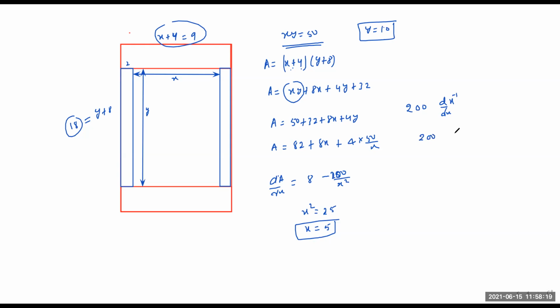Sir, it would be minus. Sir, but it would be minus 1 upon 2 root x, no? Differentiation of x raised to minus 1.